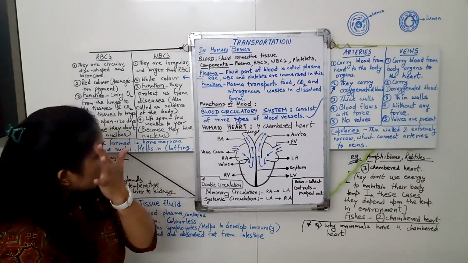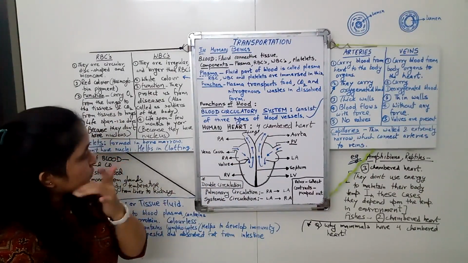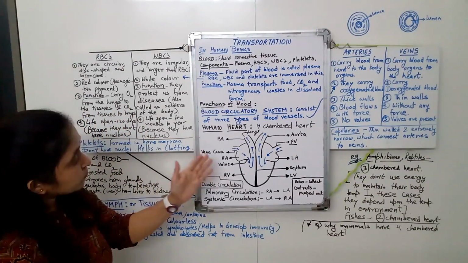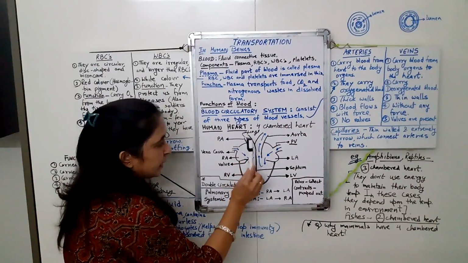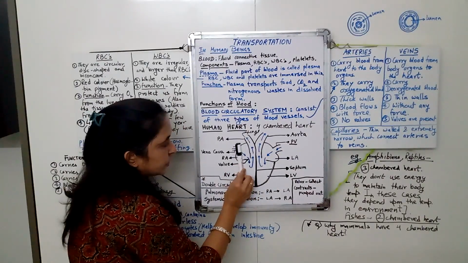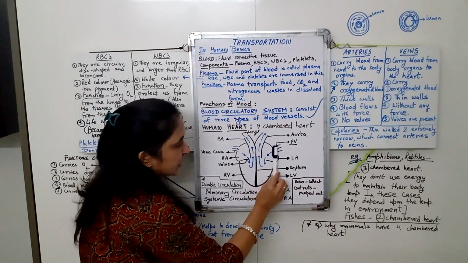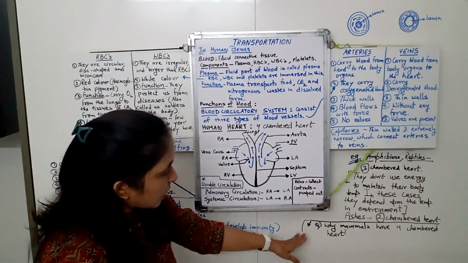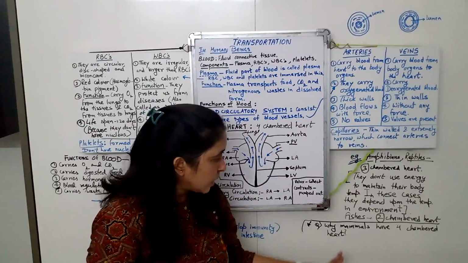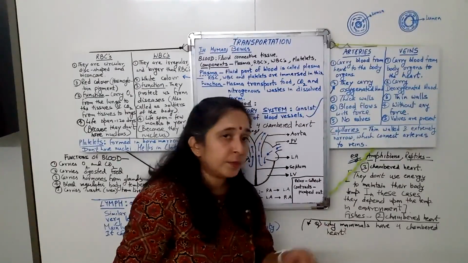Fine. Now, I will discuss a few more examples. Before that, see, in the case of human beings, this four-chambered heart: here, totally deoxygenated blood. This side, the left side, is oxygenated blood. Why? In mammals, usually they ask this question: why do mammals have a four-chambered heart?